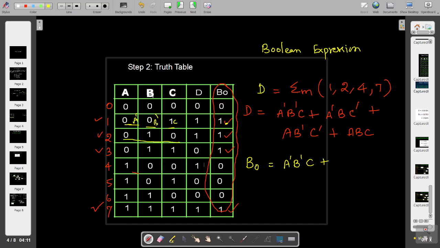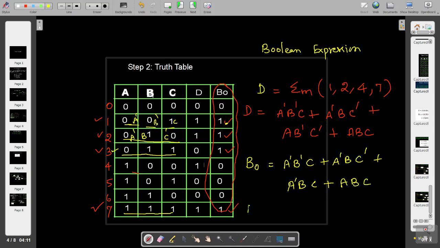It is 0 1 0, which means it is A bar, B, C bar. Plus the next combination corresponds to 3, right? So it is 0, 1, 1. So we can write it as A bar B C. The last combination is 7. So it is A B C. So we have completed this expression.